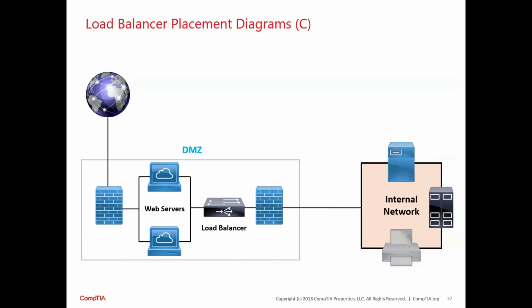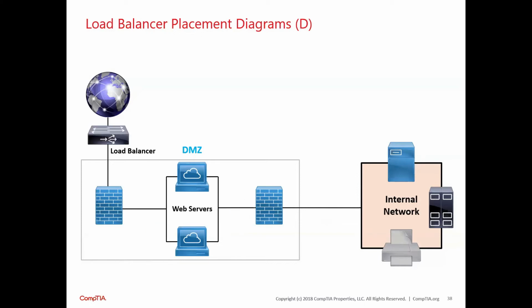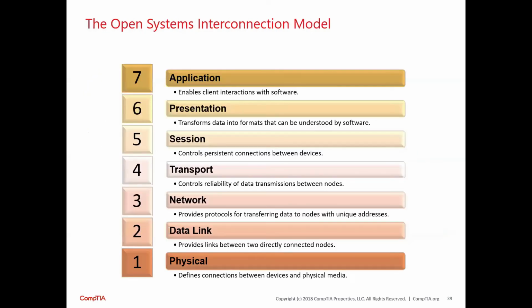And then there's another placement where you place the load balancer after the web server and between the two firewalls. And another one is the load balancer placed after the internet, before the internal firewall on a DMZ.